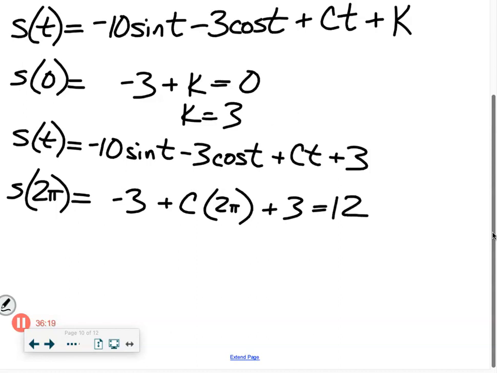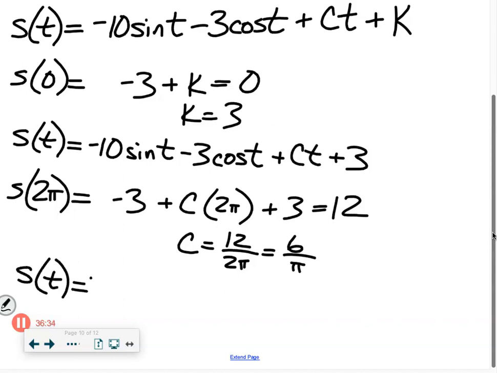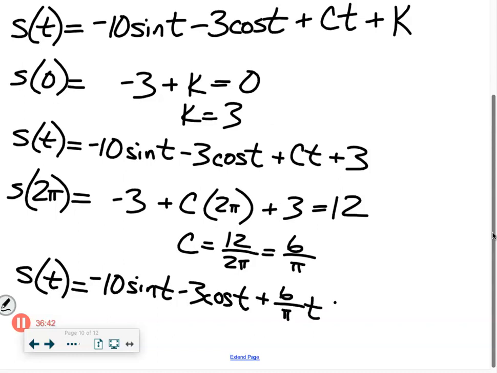The negative 3 and 3 are gone, so c equals 12 over 2 pi, or 6 over pi. So our final s, oh, and there's the bell, is negative 10 sine t minus 3 cosine t plus 6 over pi t plus 3. All right, and we are done.